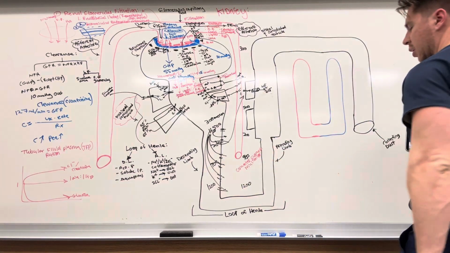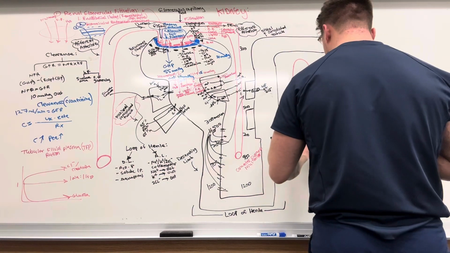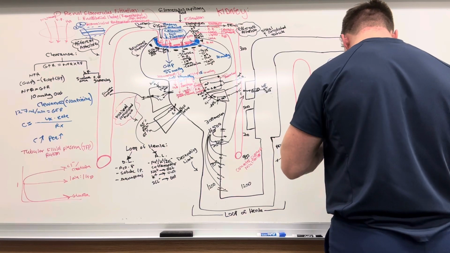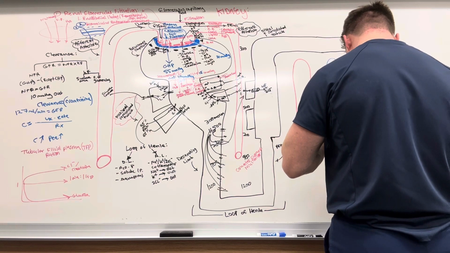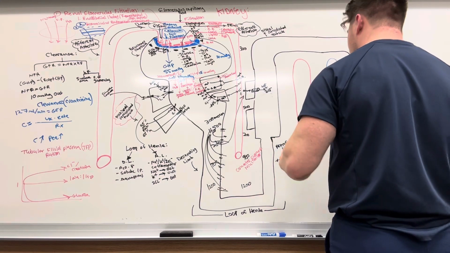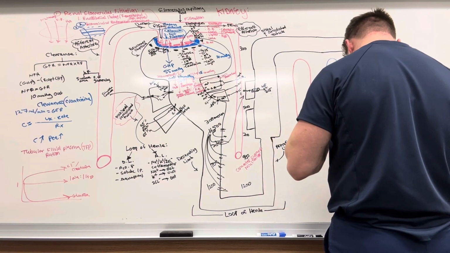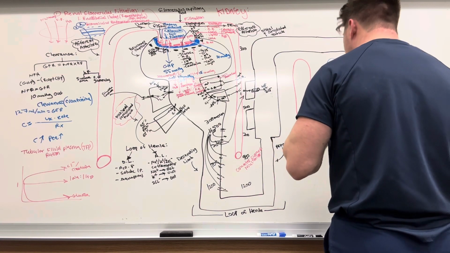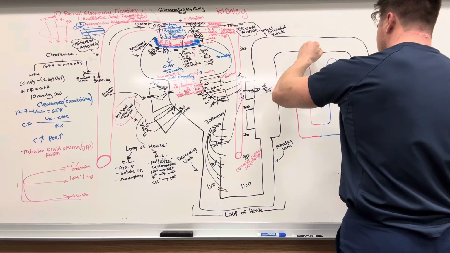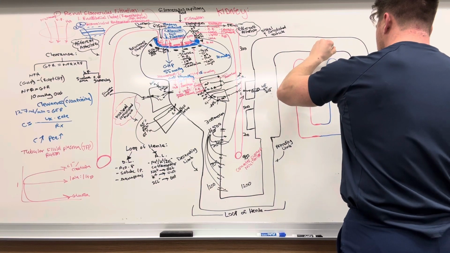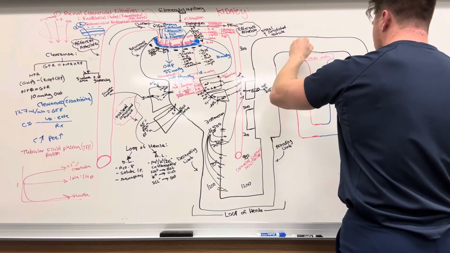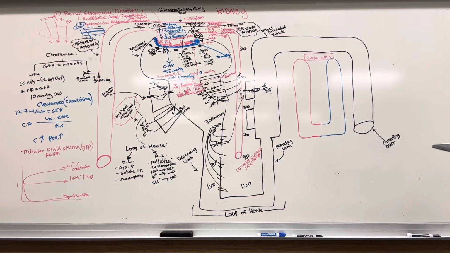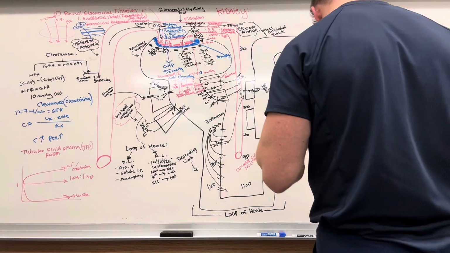Okay, countercurrent multiplier. Now, you have this thing called the ascending tubule, and that's what the ascending tubule is contributing. This is what's going to be called our vasa recta, and we're going to get to that in a little bit. Okay? But for now, this is kind of what's going on, and it's what's most important.